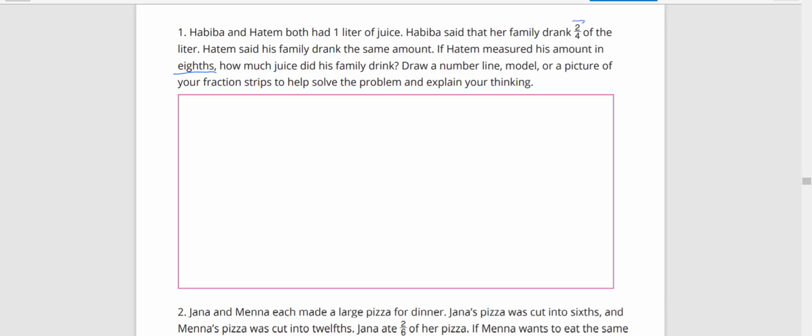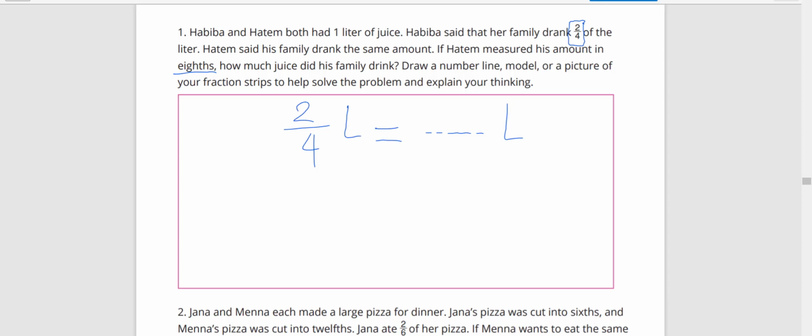Now Habiba and Hatem each had 1 liter of juice. Habiba's family drank 2/4 of a liter, and Hatem's family drank the same amount but in eighths. Habiba's family drank 2/4 liter of juice, and Hatem's family drank what of juice?